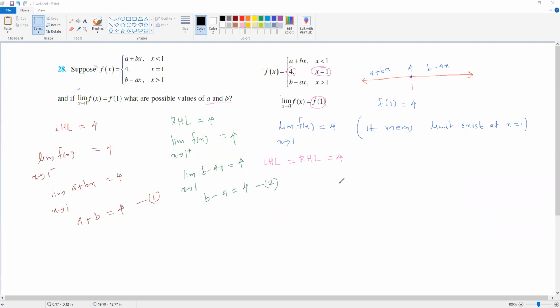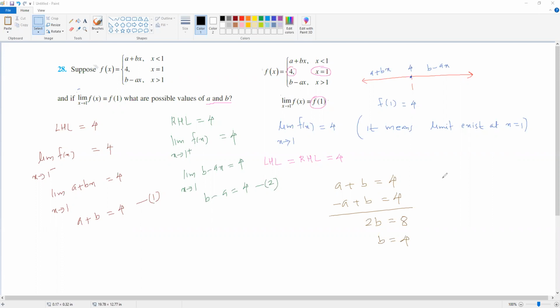Now you have two equations: a plus b is equal to 4, and the second one, minus a plus b is equal to 4. Add these, you get 2b is equal to 8, so b is equal to 4.